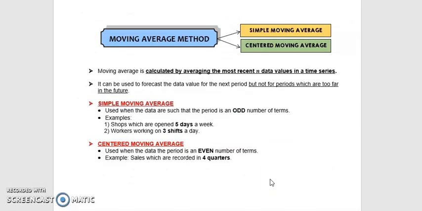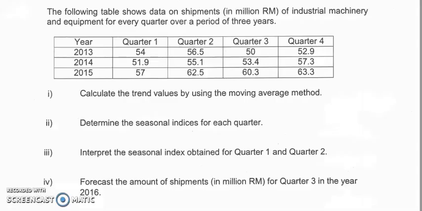Okay, how about when to use centered moving average? Centered moving average is used when the data period is an even number of terms. Okay, examples, sales that are recorded in 4 quarters. I show you an example. Okay, if you look at this data, how to decide whether to use simple moving average or centered moving average?